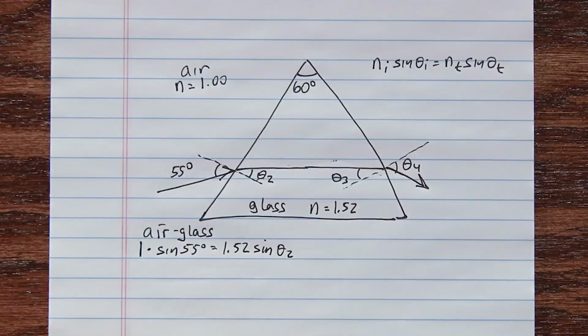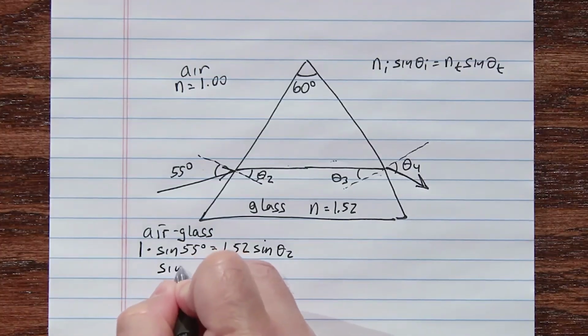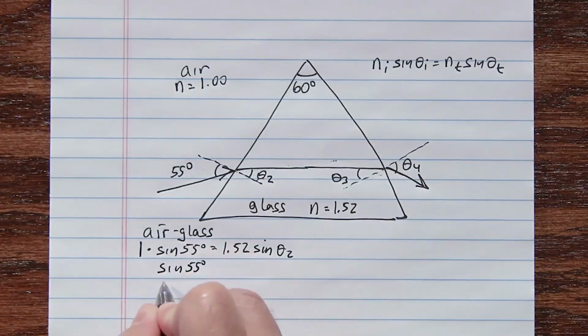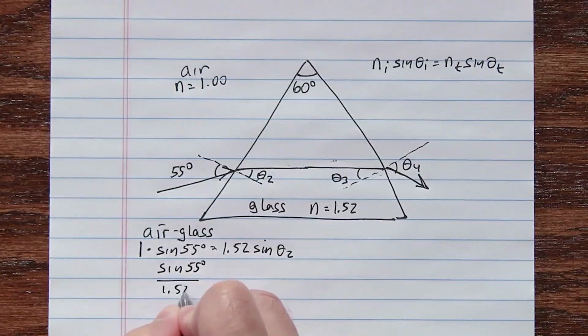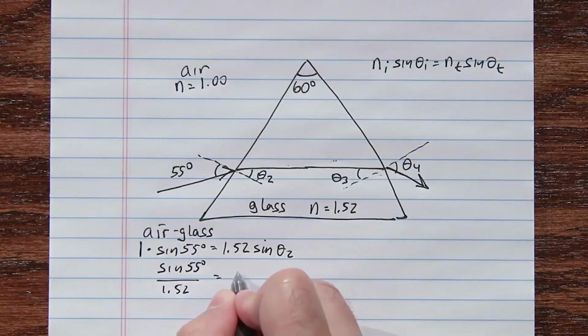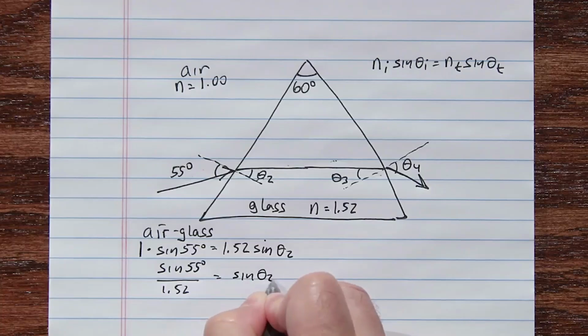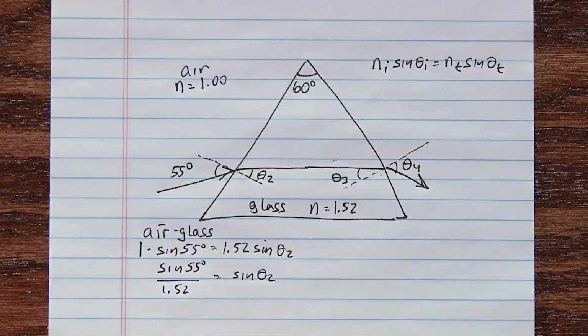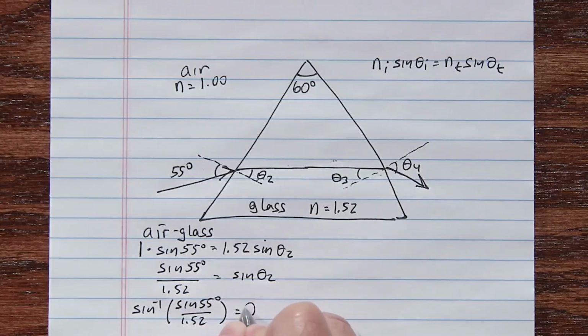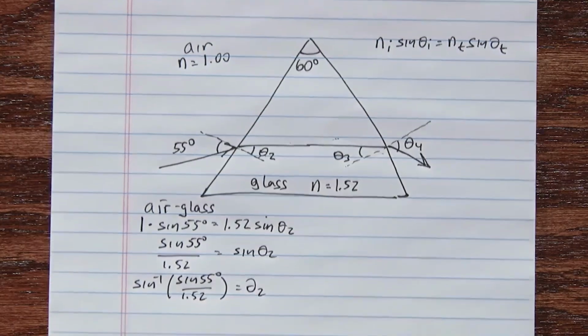So this tells us that the sine of 55 degrees divided by 1.52 is equal to the sine of theta 2, or the sine inverse of the sine of 55 degrees divided by 1.52 is equal to theta 2.